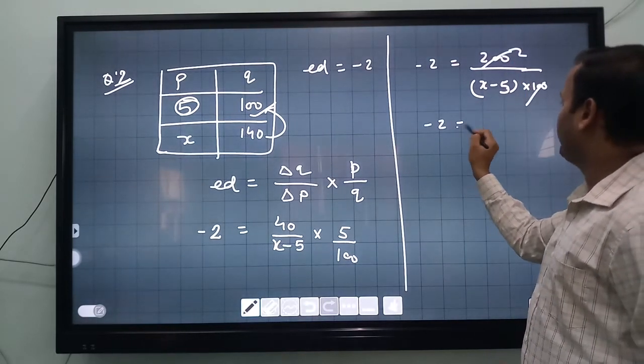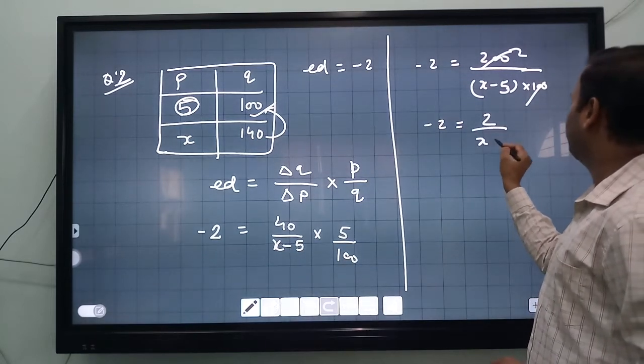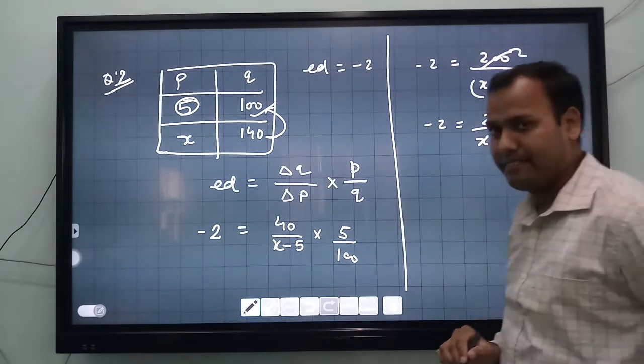So minus 2 is equal to 2 upon x minus 5.